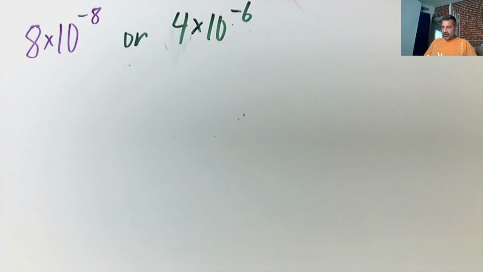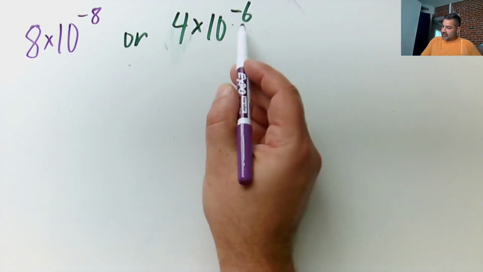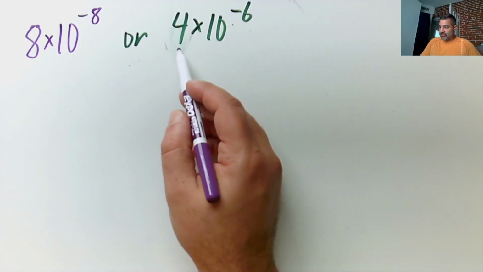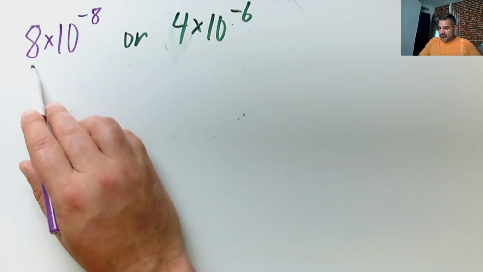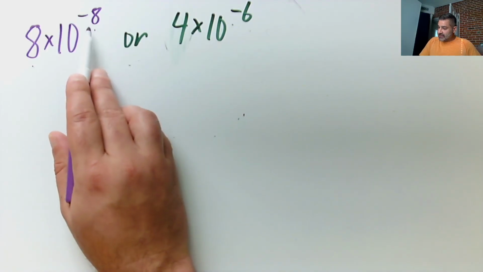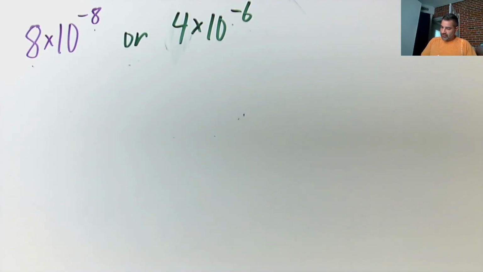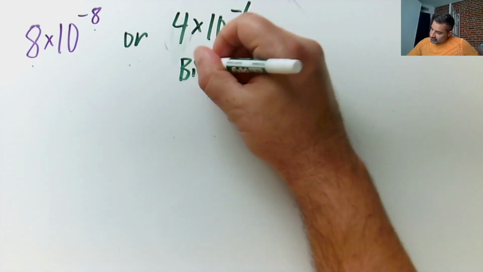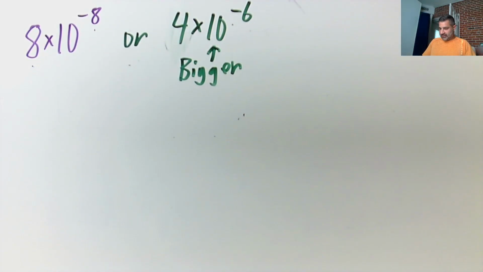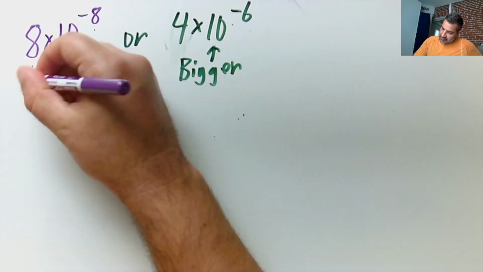What's the smallest number? Since the exponents are not the same, we could just ignore the first numbers. We could ignore the 8, we could ignore the 4. I know your instinct is to say this one is bigger because we got a bigger 8, but it is not. It's negative. So the bigger number is actually the 4 times 10 to the negative 6, and this is the smaller number.